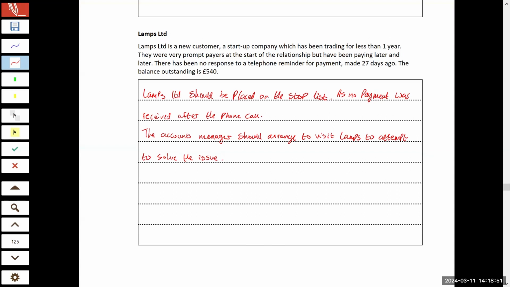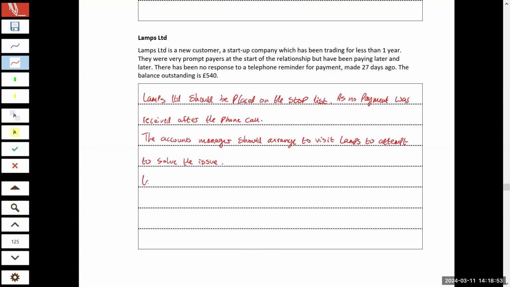We'll talk about the business. They're a new business, but as it says, payments are starting to slow. It's a bit of a concern, that, isn't it?